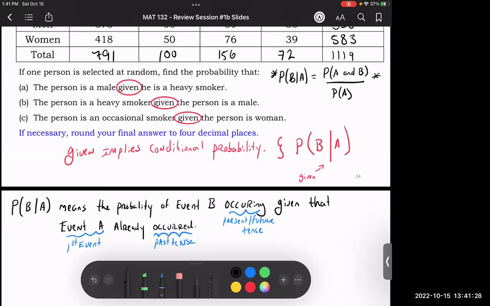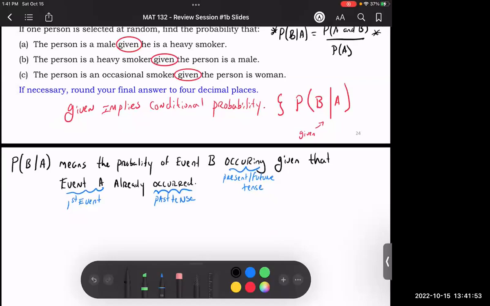I do it intuitively. I know that the likeliness of A occurring, that bottom number where you have the probability of A, is basically the number of ways that the first event can happen. And for the top number, it's whatever the two events have in common.